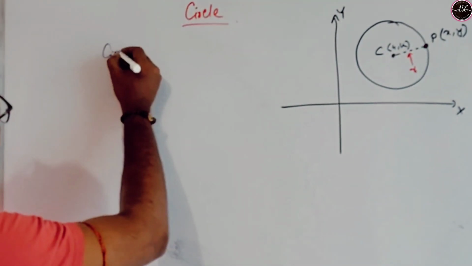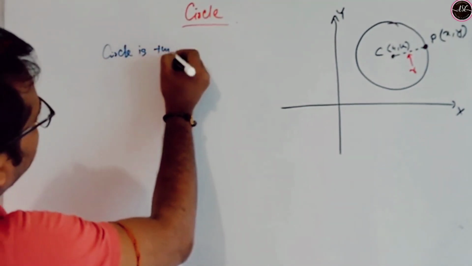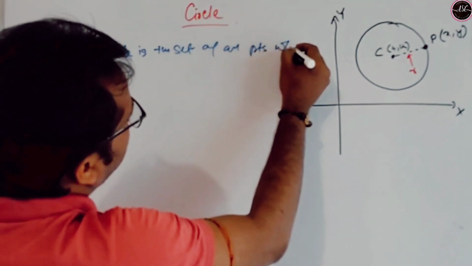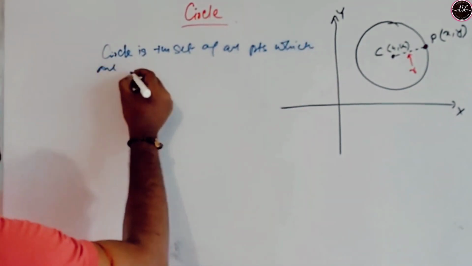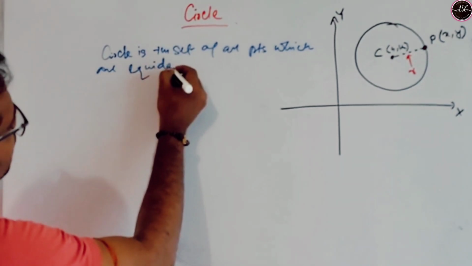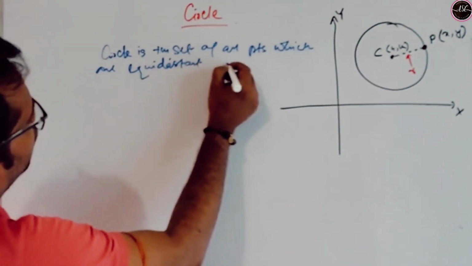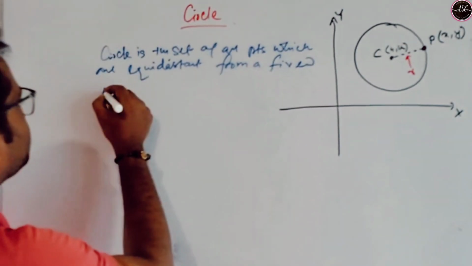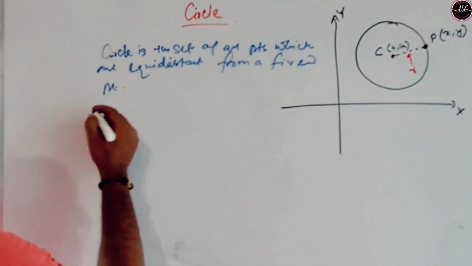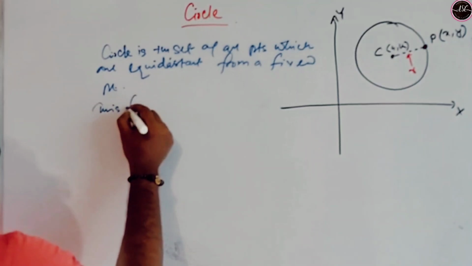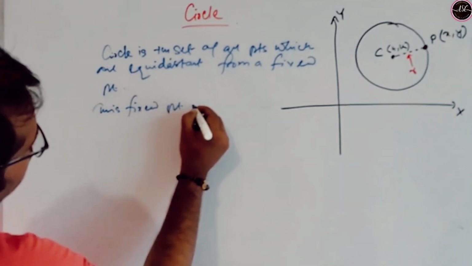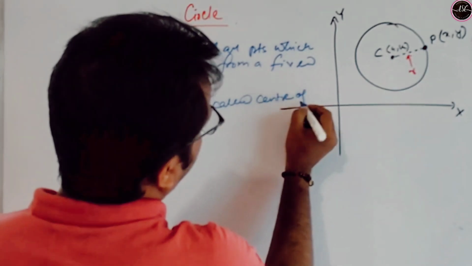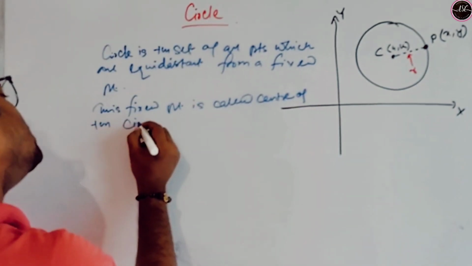So circle is the set of all points which are equidistant from a fixed point. Okay, and this fixed point is called center of the circle.